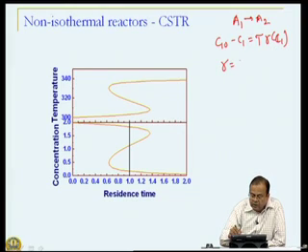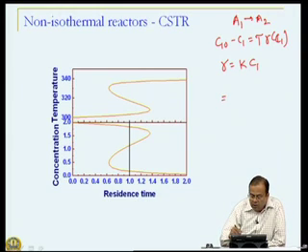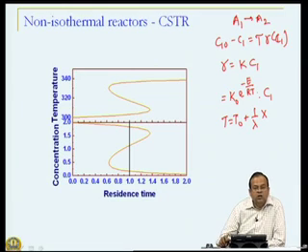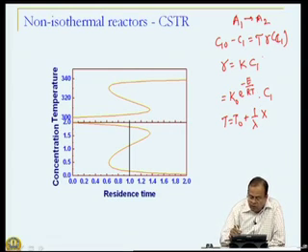Let us assume that the reaction is simply a first order reaction, but remember our K is dependent on temperature and temperature is dependent on conversion or concentration, and therefore, this relationship is not a linear relationship anymore, and we have a non-linear relationship. So, let us look at what happens when we try to change the residence time tau.